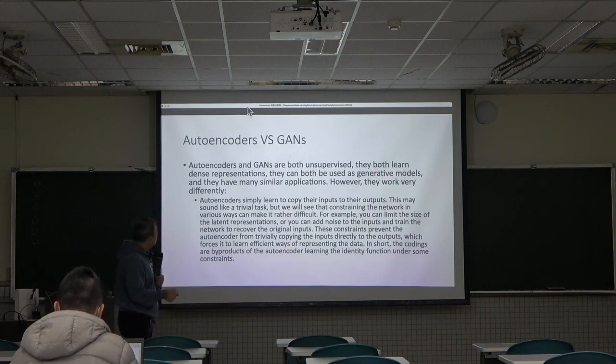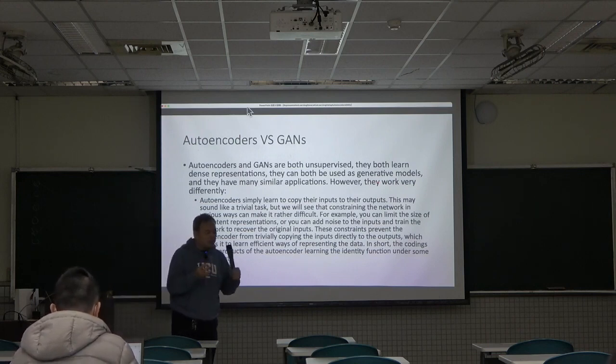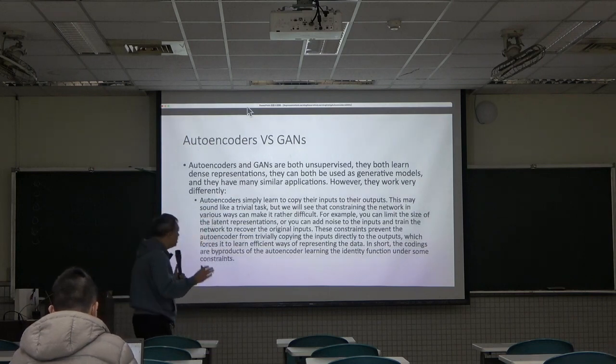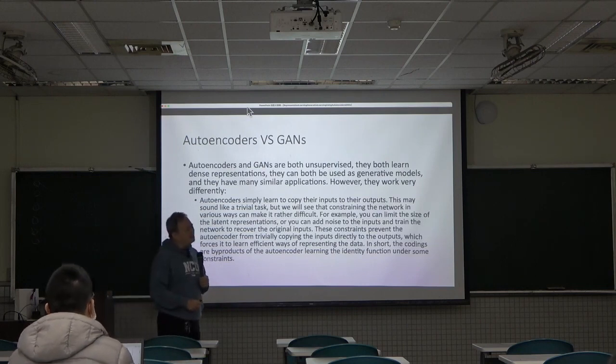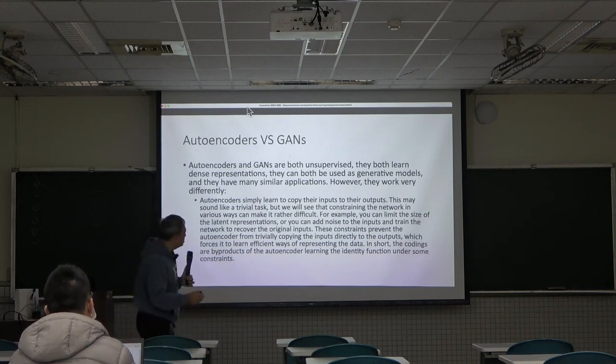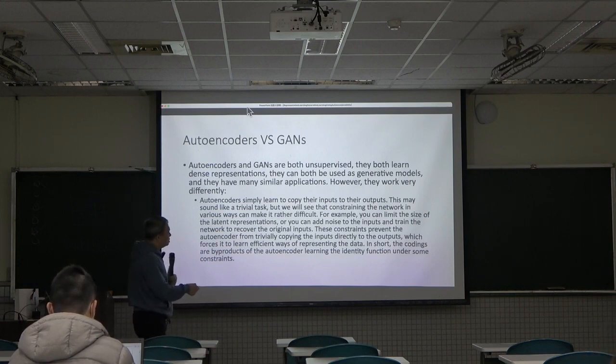Keep in mind that most applications of the GAN are generative, for generative models. For autoencoders, most applications are not necessarily generative, but an autoencoder can also be used as a generative model. So they have many similar applications, but they work very differently.